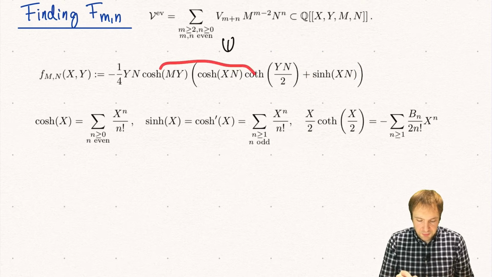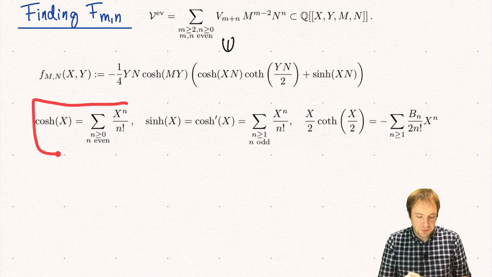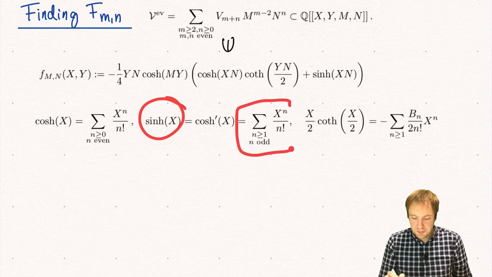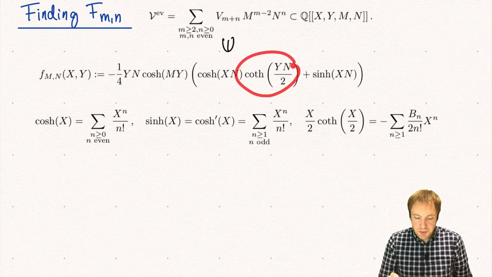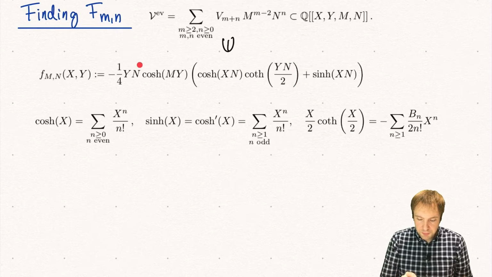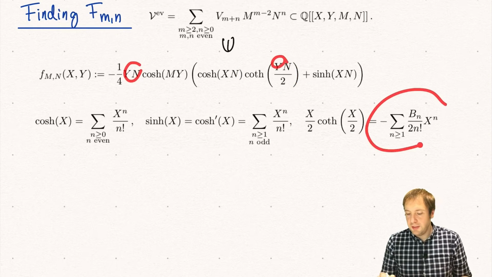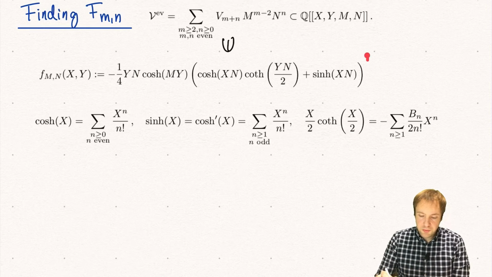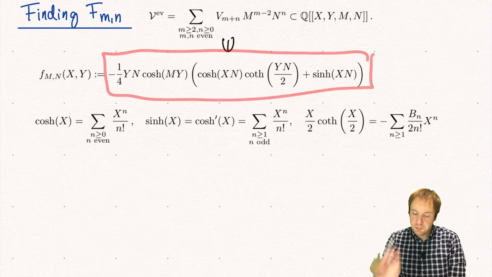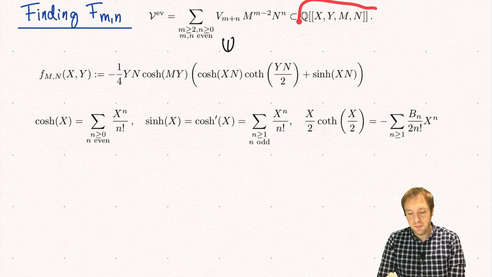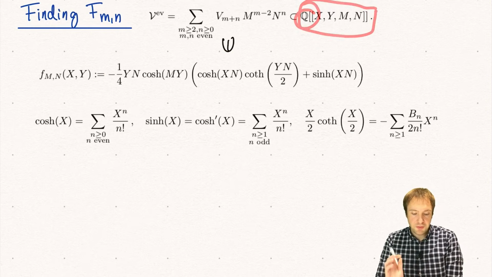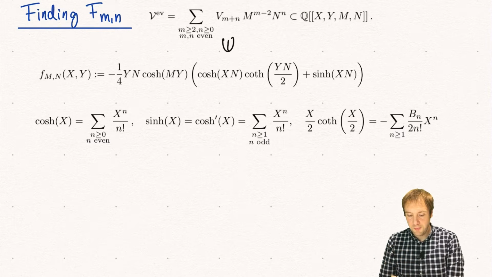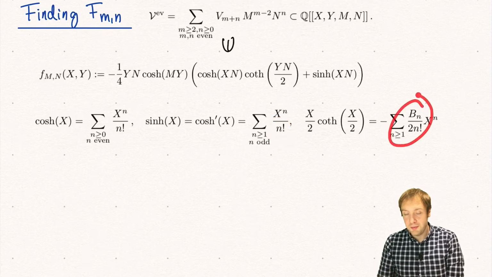The hyperbolic cosine is basically just the even part of the exponential, and the hyperbolic sine is the odd part. And this hyperbolic cotangent here, together with this factor here, is basically just the generating series of the Bernoulli numbers. So this is just an explicit generating series in these 4 variables, where the coefficients can be written down explicitly in terms of binomial coefficients or factorials and Bernoulli numbers.